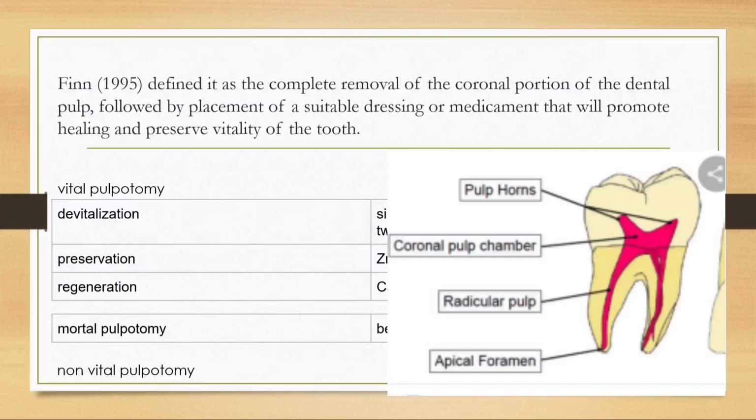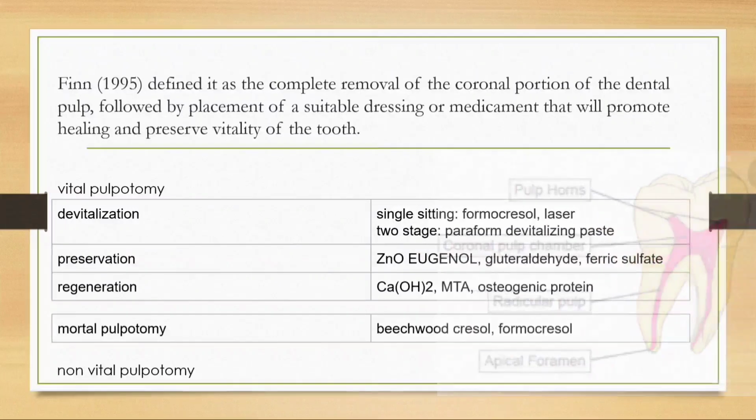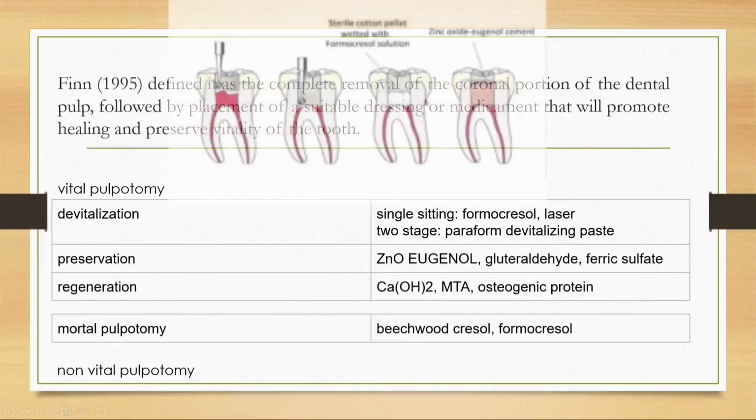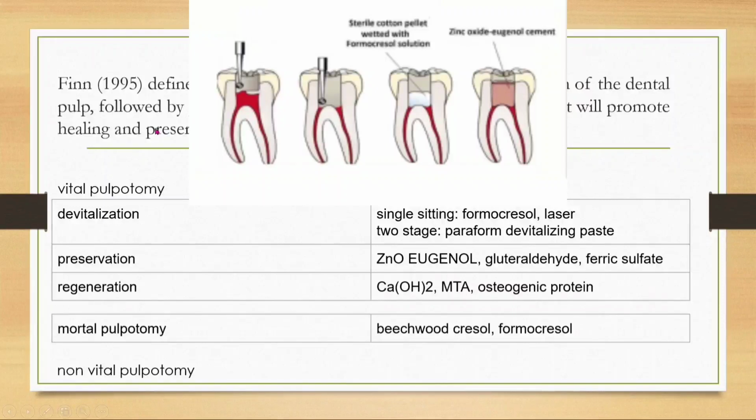We cannot say that they are separate, it is a continuous structure, but we can technically speak coronal pulp and radicular pulp based on the CEJ. So pulpotomy is a removal of coronal portion of the dental pulp. After that, placement of a suitable dressing or medicament that will promote healing and preserve the vitality of the tooth.